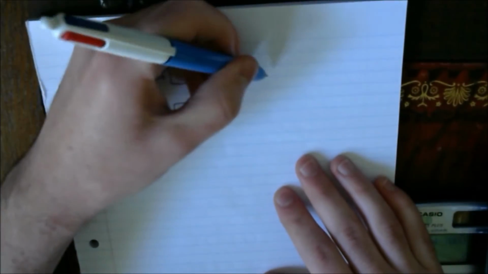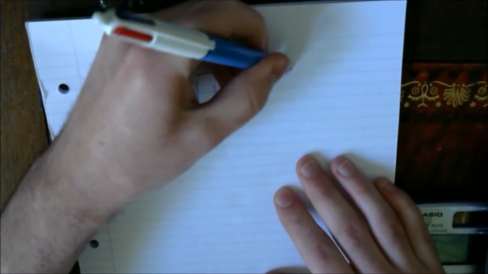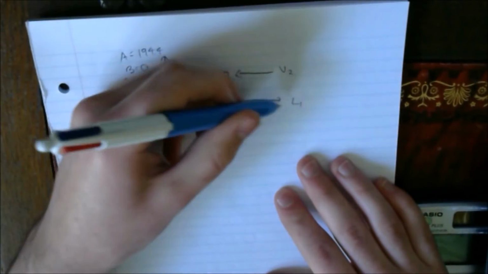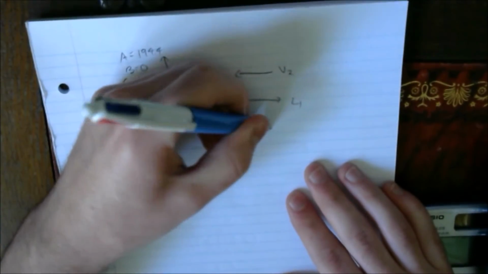Okay, and then this is going to be our V2 stream. This is going to be L1 coming out. We do know a little bit about this stream down here, so we know that the amount of B, the solid, is going to be the same. That's going to be 700 still.